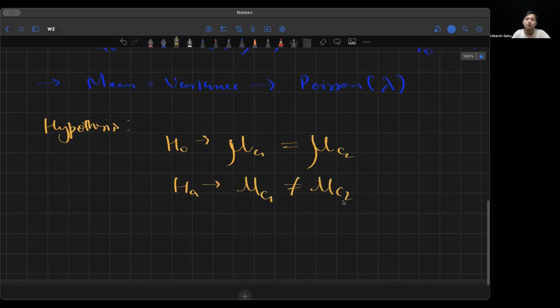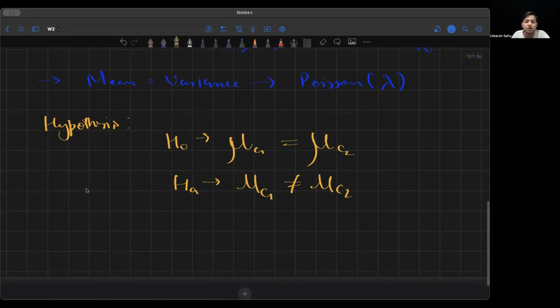So why do we do hypothesis testing? It gives us a statistical way to tell something with some percentage of surety. When you collect some sample, you can perform some test on that sample, and then using that test, you can conclude whether your null hypothesis is rejected or cannot be rejected.